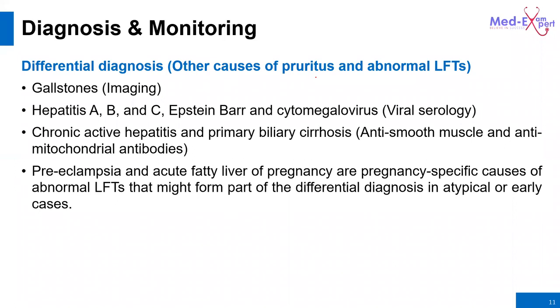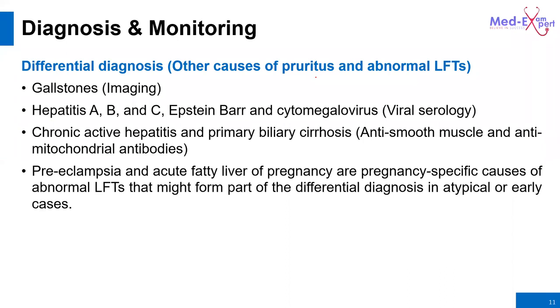These are autoimmune conditions which lead to destruction of the hepatobiliary cells or hepatobiliary system, and these are diagnosed by finding some antibodies in the blood like the anti-smooth muscle antibodies and the anti-mitochondrial antibodies. Also, you have to exclude preeclampsia and acute fatty liver of pregnancy.